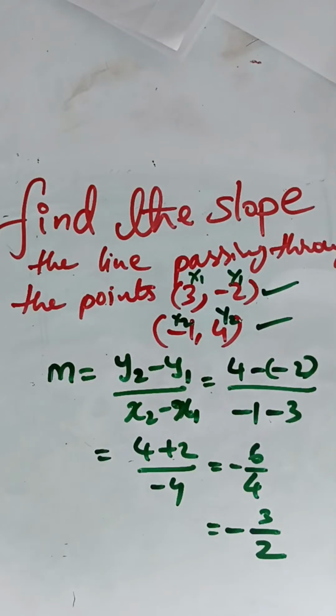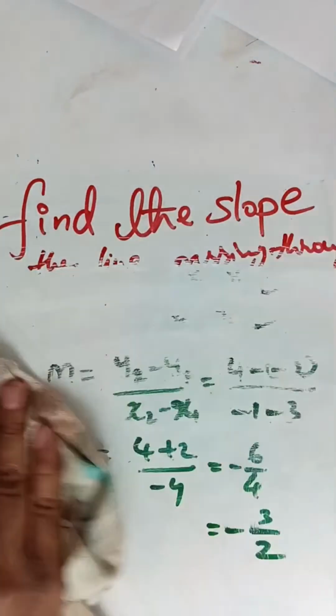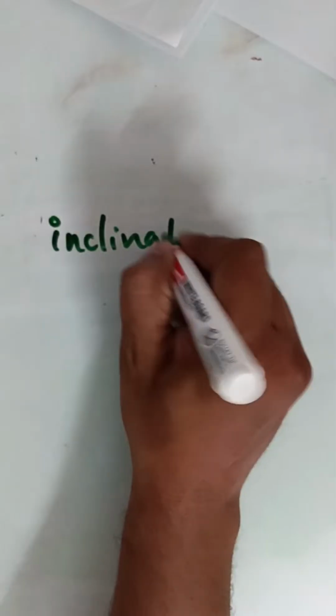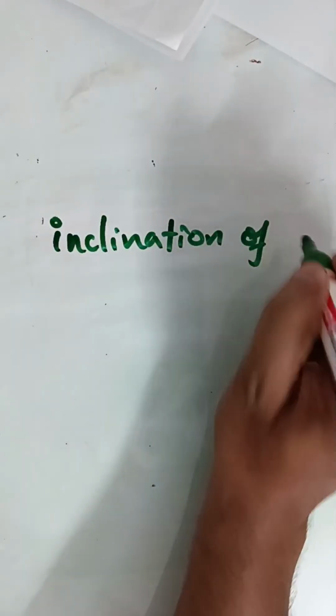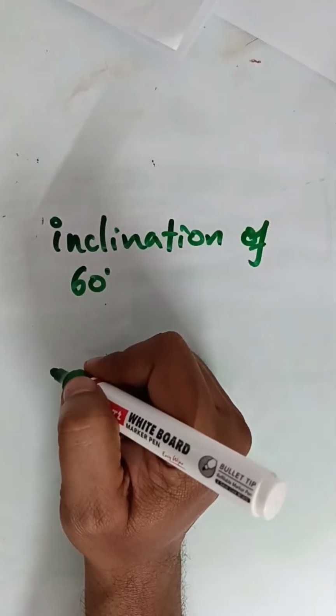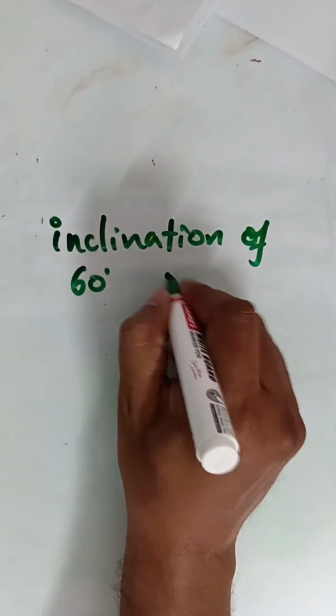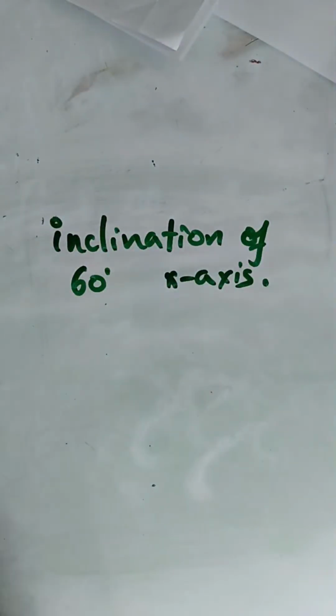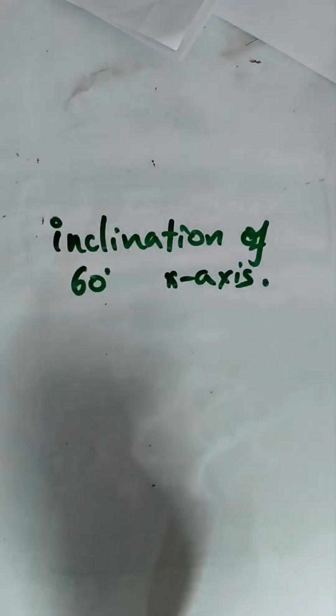Now, this is another way. If we have an inclination of angle 60 degrees with the positive direction of the x-axis, what will be the slope?